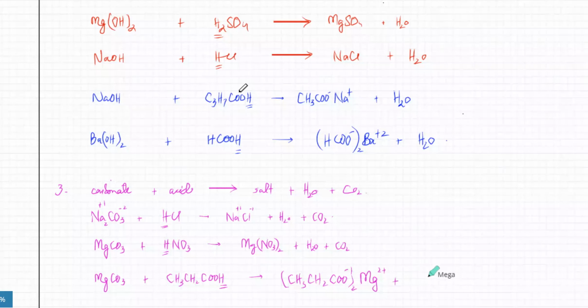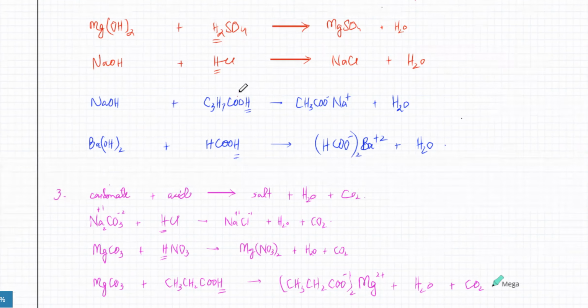Plus there is going to be H2O and CO2 produced as well. So ये तीसरा reaction भी same है. All acid-base reactions are very similar. The only thing is that the side product sometimes changes.